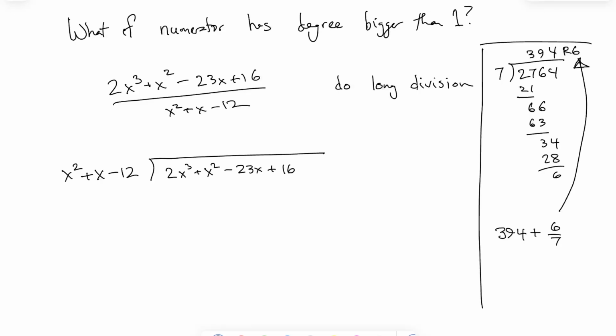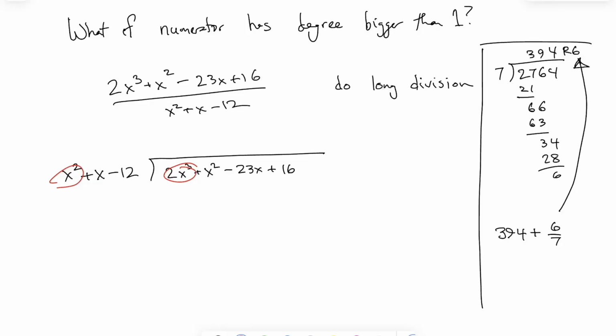And then the denominator goes on the outside, all right? And we are going to do this kind of digit by digit, where by digit I refer to the terms with each individual power.